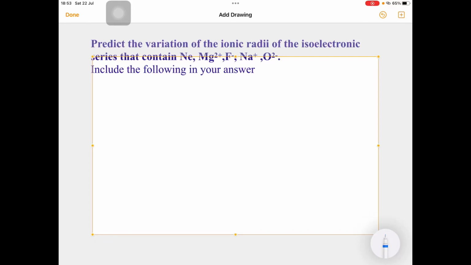Now let's discuss the variation of ionic radii of this isoelectronic series that contains neon, Mg2+, F-, Na+, and O2-.